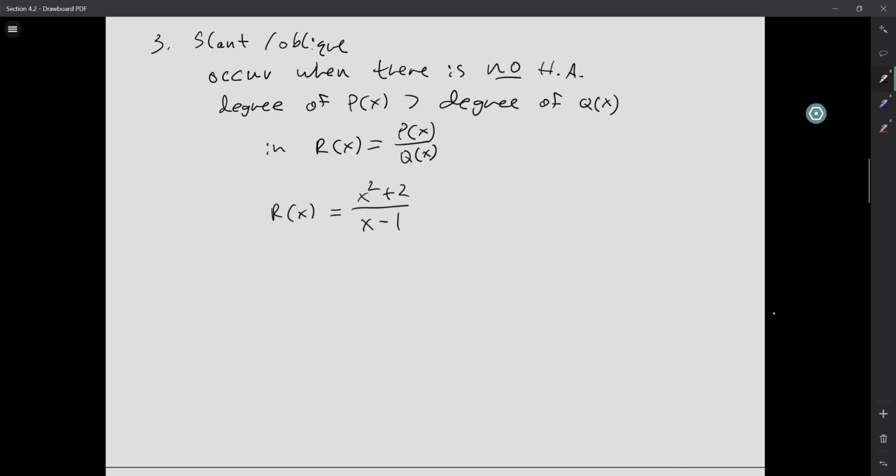But what I do is I do polynomial long division. So I'll change this into a division format. I'm looking at x squared plus 0x plus 2, and I'm dividing by x minus 1. I need x to make x squared. So we have minus x squared minus x.